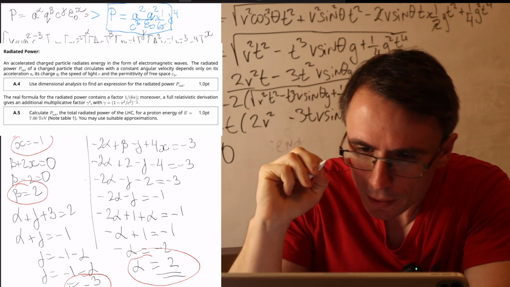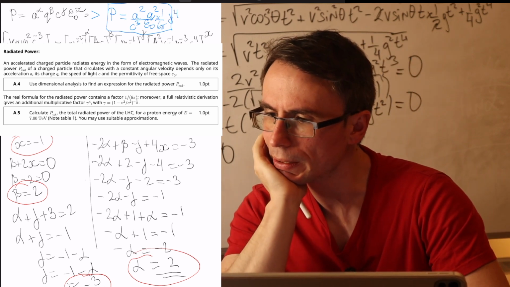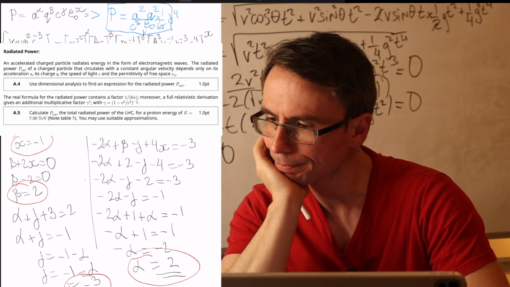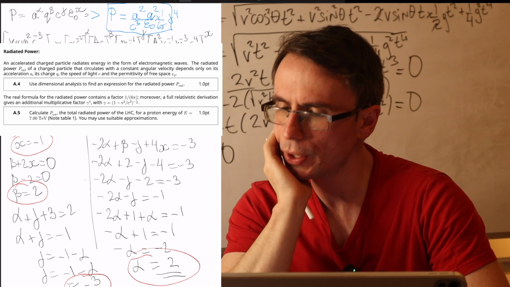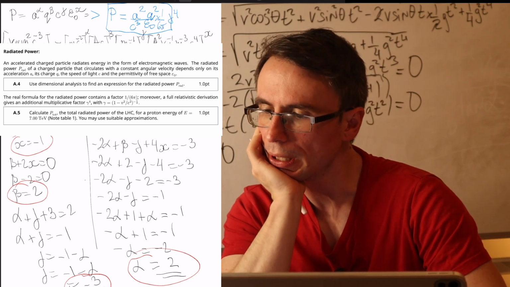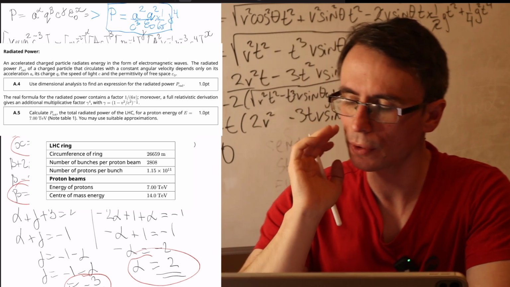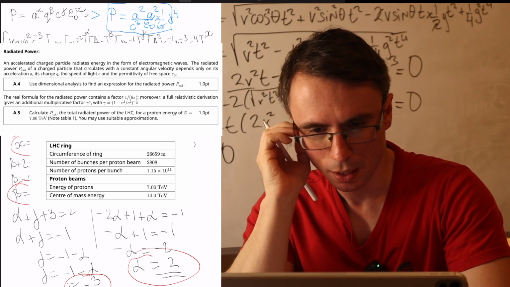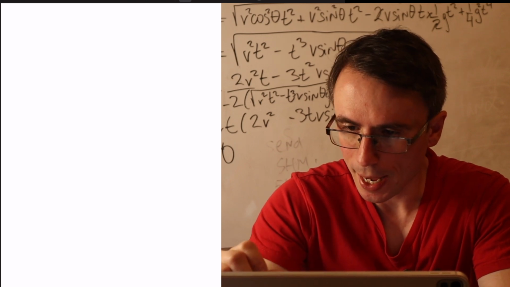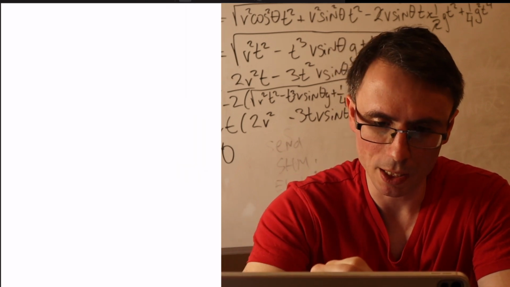And it looks like it might be complicated. Okay, calculate the power for a proton of energy 7 tera-electron volts. Note table 1. Okay, you may use suitable approximations. So tell you what, let's rewrite this formula and start onto the next page.